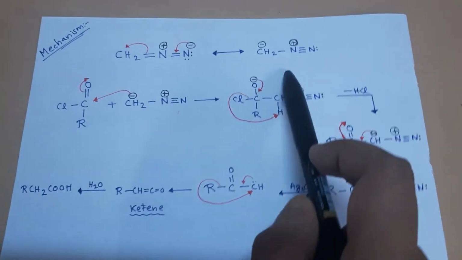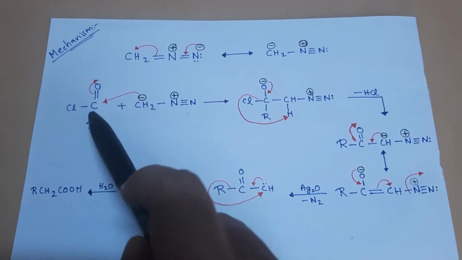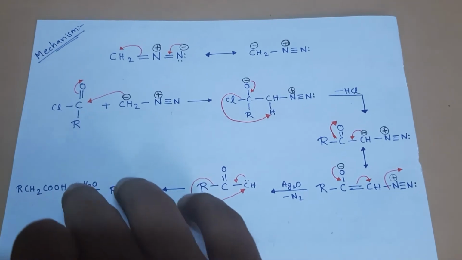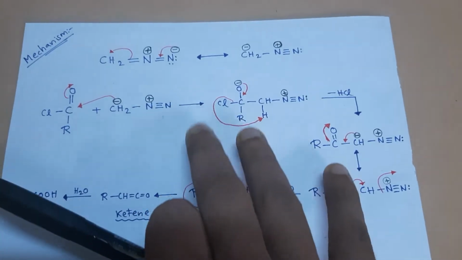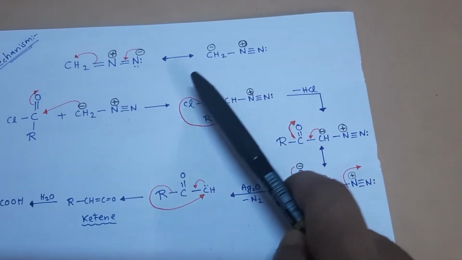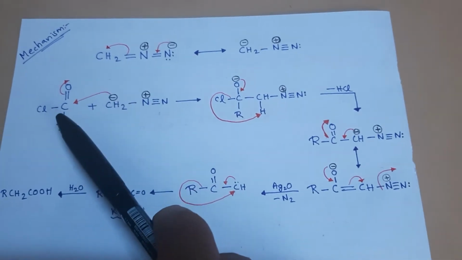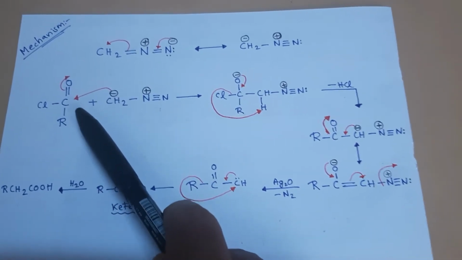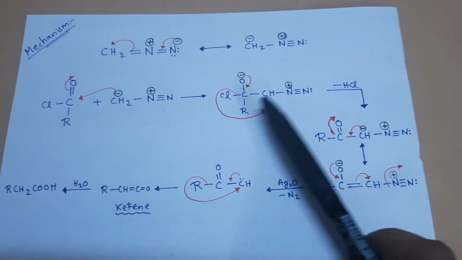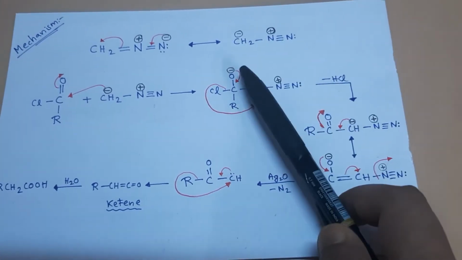Then this compound reacts with RCOCl, which we get from the thionyl chloride. Here it gets joined, because this negative part attacks the positive carbon, which gets a delta positive charge due to the shifting of the electron cloud to the side of oxygen in this compound, and this becomes negative, which is quite expected.